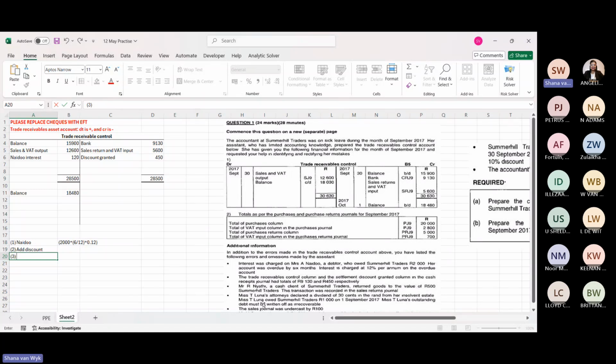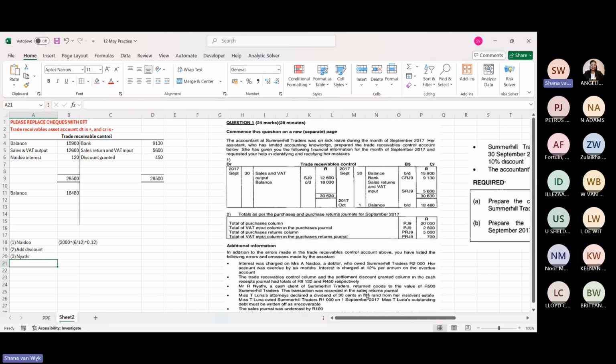Okay. This transaction was recorded in the sales return journal. Now I'm not sure if it's already included or not. Call a friend, Zuleika, you quiet? Help me. I think we should add it. I think so too. Because remember, if it's not in the control journal yet, then you need to add it.